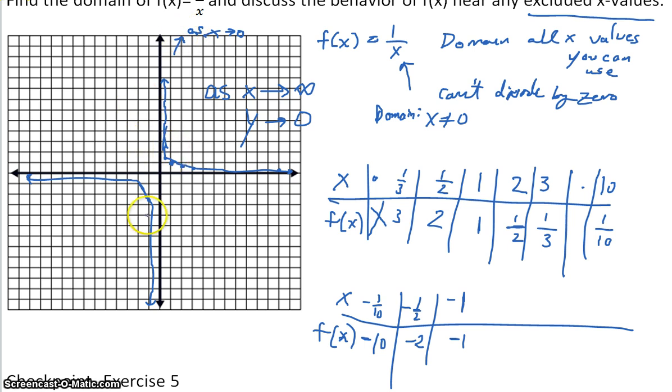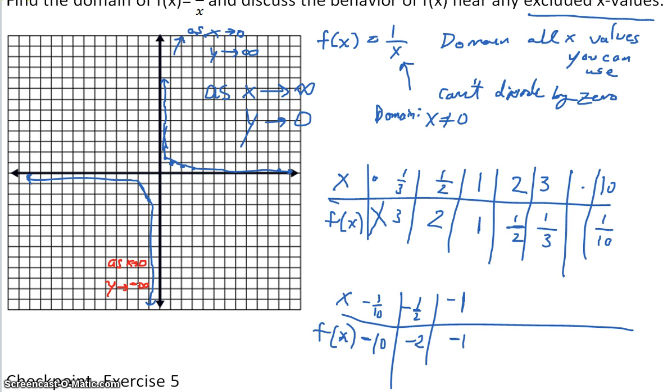Well, we have two different scenarios. As x goes to 0 from this side, it's going up. As x goes to 0 from this side, it's going down. So as x goes to 0 from the right, y is going to infinity. But on this side, as x goes to 0 from the left, y is going to -infinity.